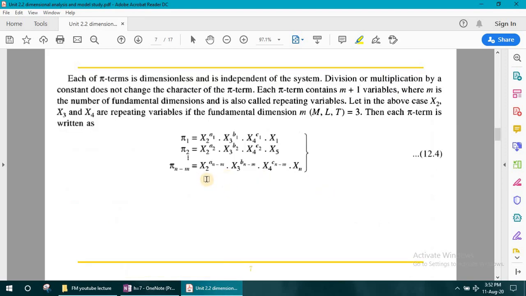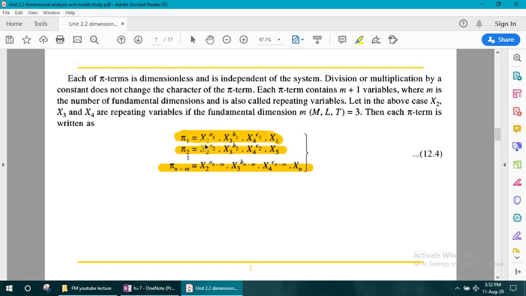How do we represent pi 1, pi 2, pi 3? Here they have represented it. As I told you, x1 is dependent and the others are independent variables. Then this is pi 1, pi 2 and this is pi 3. Then you can observe there are 2 types of variables. One is known as repeating variables.